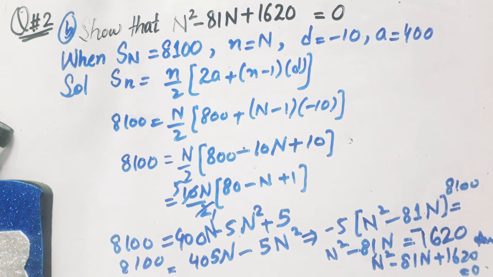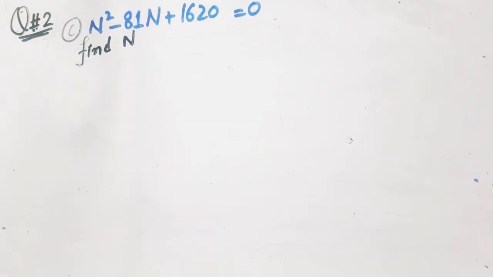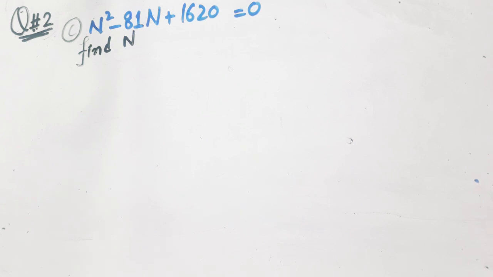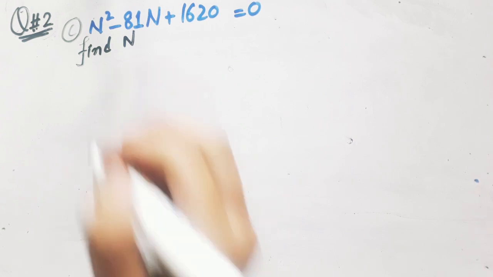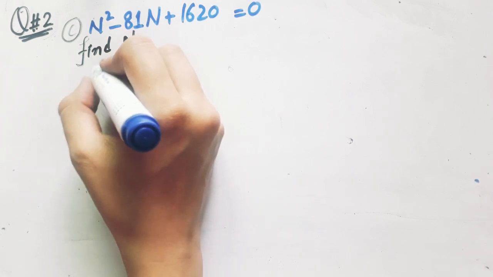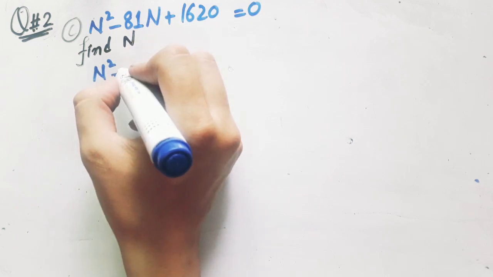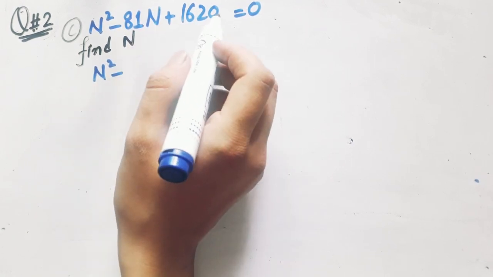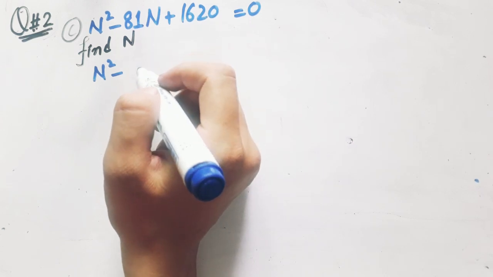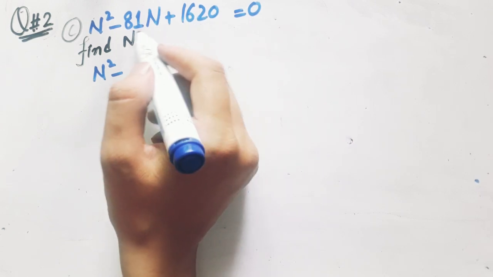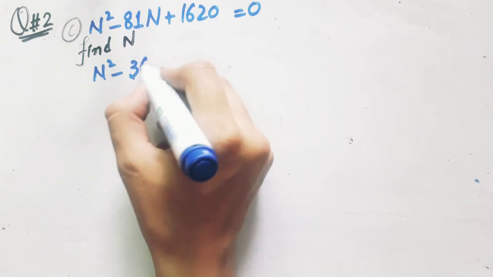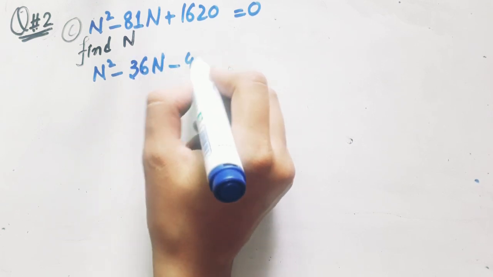Now we will solve for C part. So in the C part, given is n square minus 81n plus 1620 is equal to 0, find n. So we will make the factors of this like factors of 1620 when they are multiplied give 1620 and when added give 81. So n square minus 36n and minus 45n.